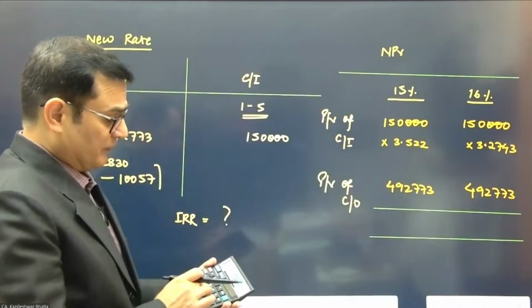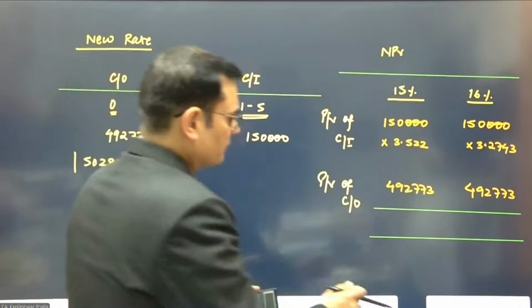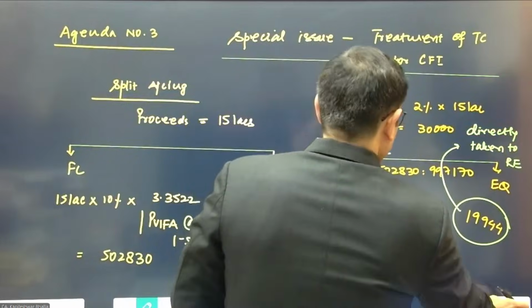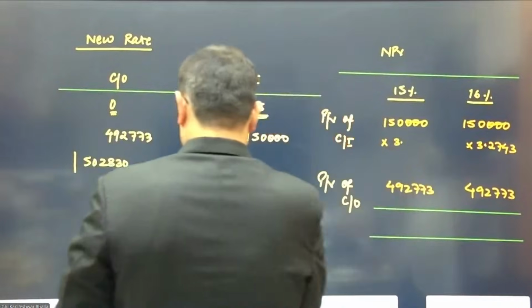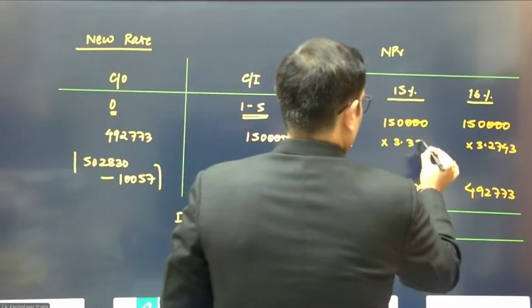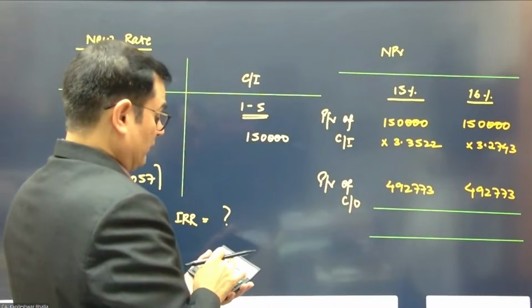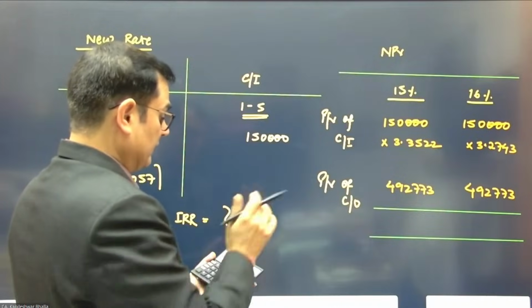So the first one, of course, we know, but I'm still just making the calculations for easy convenience. This was 3.3522. So this is going to be 1,50,000 into 3.3522 minus 492,773.